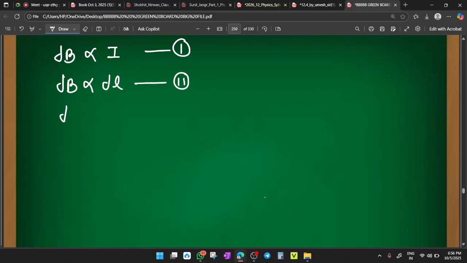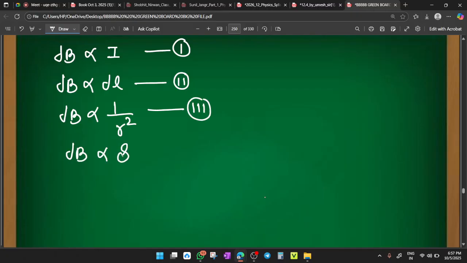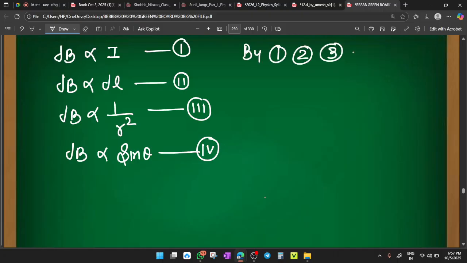Second observation. dB is inversely proportional to r square, inversely proportional to the square of the length, right? Third, and dB is proportional to sine of theta. Fourth, now merge them all by 1, 2, 3, and 4.